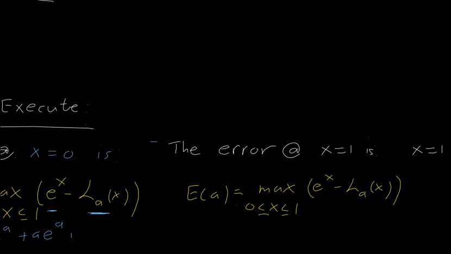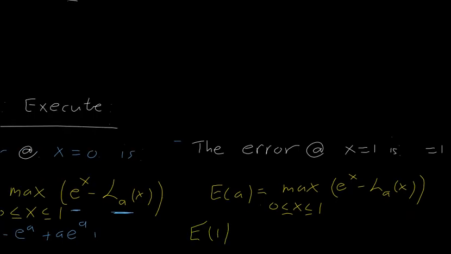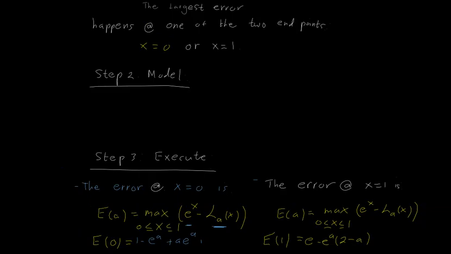At x equals 1, what we should come out with is our error at 1. Error 1 is going to be e minus e to the a times 2 minus a, okay? All right, so we got both our error function equations at x equals 0 and x equals 1. I hope that is making sense. Okay, so let's go to the next page.